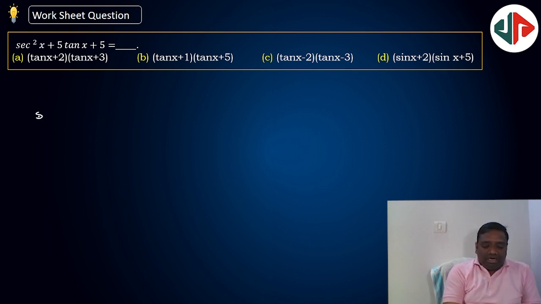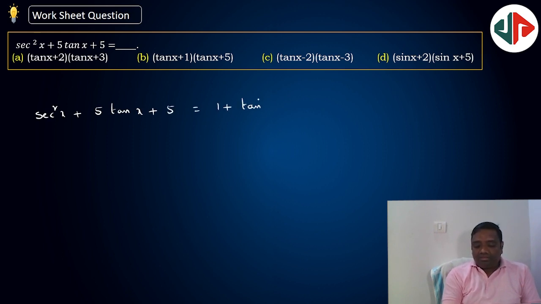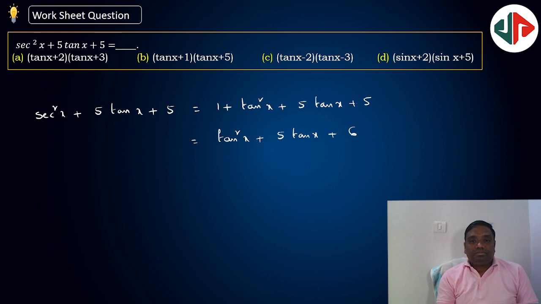Here secant square x plus 5 times tan x plus 5 is given. Can we rewrite this as 1 plus tan square x plus 5 times tan x plus 5? If you rearrange, it means tan square x plus 5 times tan x plus 6.